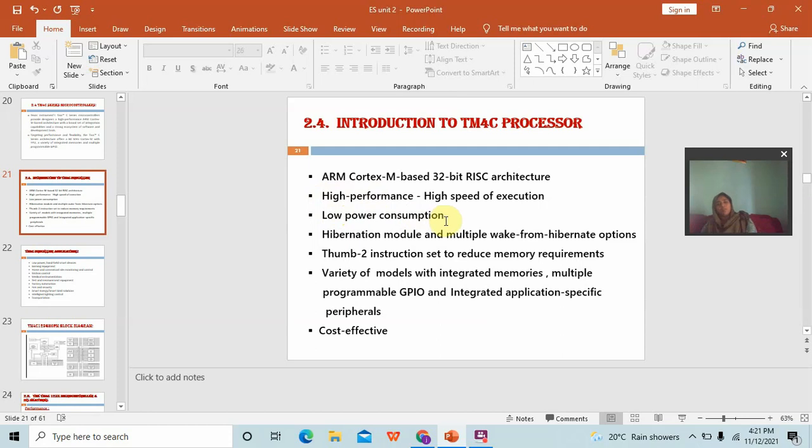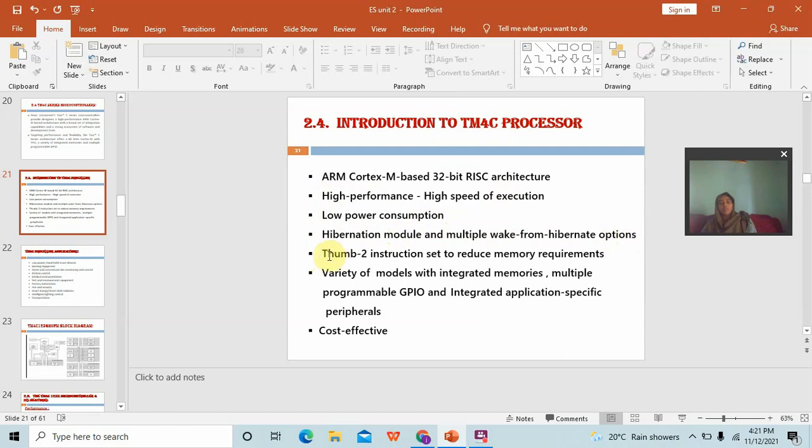The speed of execution is very high in TM4C processors, and they offer very low power consumption. A very important module, the hibernation module, is introduced in the TM4C processor, with multiple wake from hibernation options.